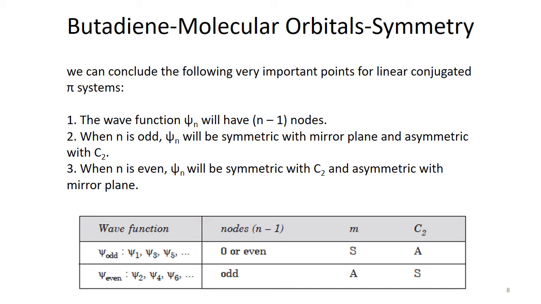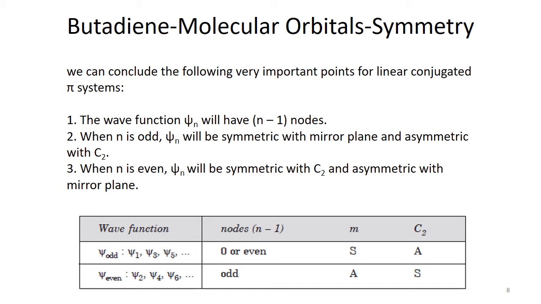A wave function psi n will always have n minus 1 nodes. If you are talking about psi3, then the number of nodes shall be 2.